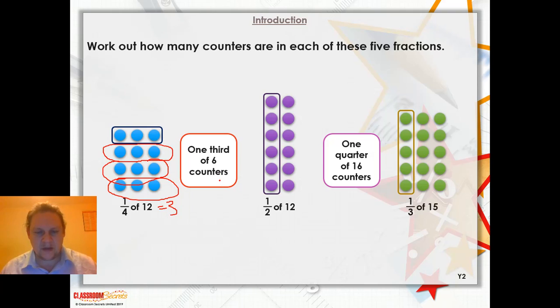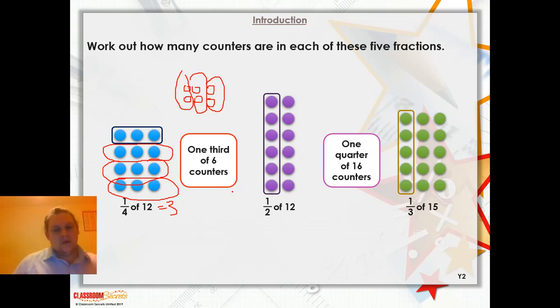1/3 of 6 counters. Okay, we've got to work this one out. Let's draw 6 counters. 1, 2, 3, 4, 5, 6. We need, for thirds, 3 equal groups. There's 1, there's 2, there's 3.